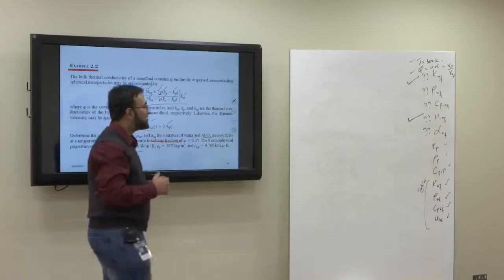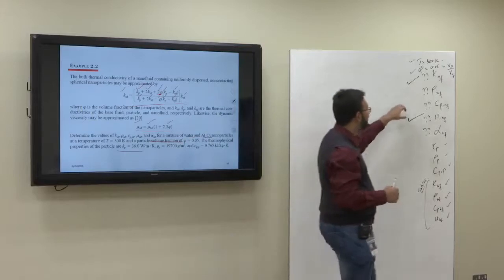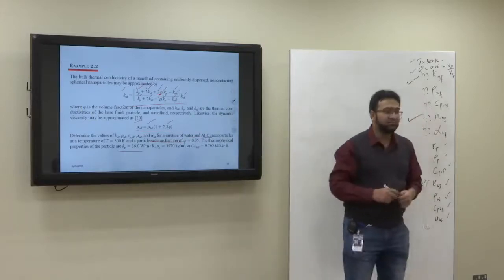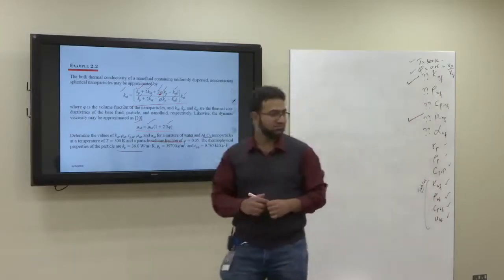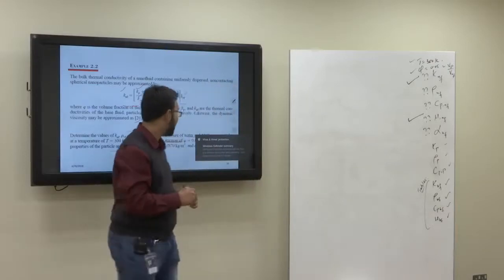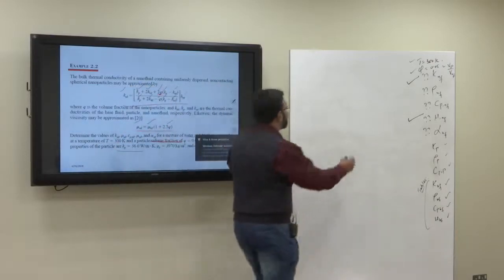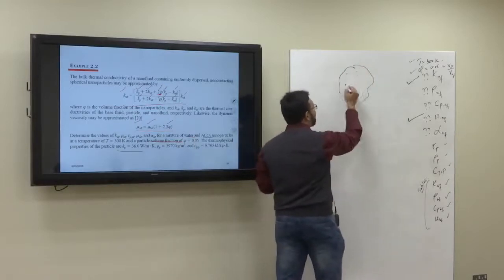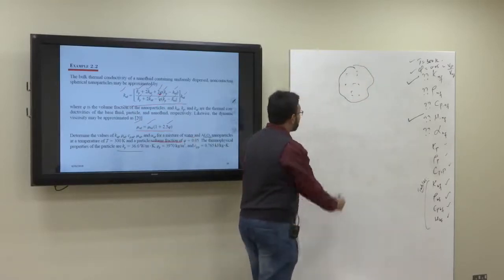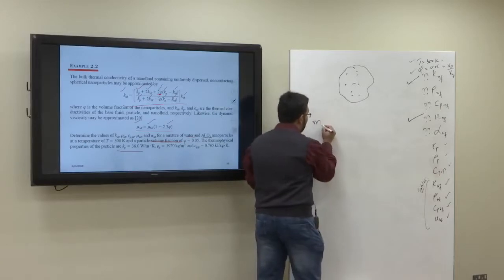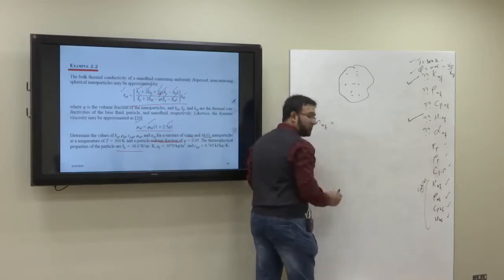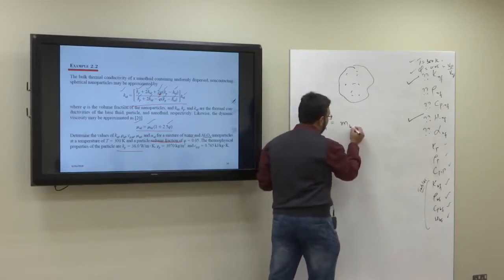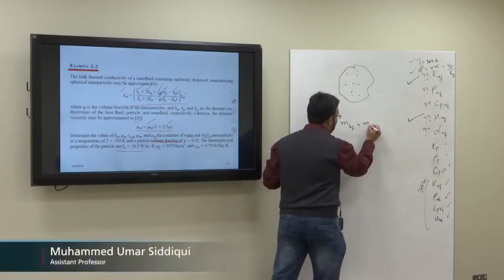Okay. Now let's move towards rho nf. In order to find rho nf, we have to apply the mass balance. What does mass balance mean? Look, let's say you have a nanofluid here. So the mass of nanofluid must be equal to the mass of base fluid plus mass of particle.